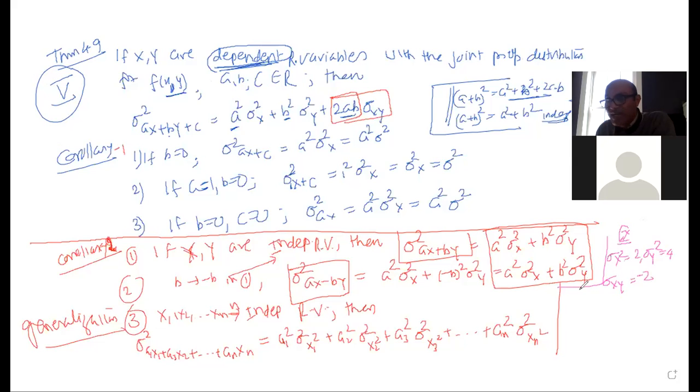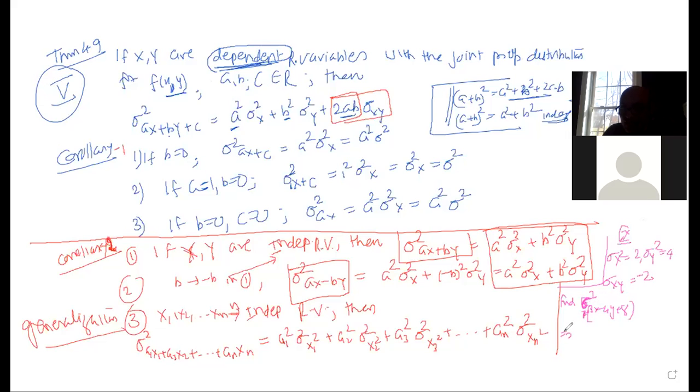Find the variance of the random variable Z equal to 3X minus 4Y plus 8. Find the variance of this one, which is given over here as Z.